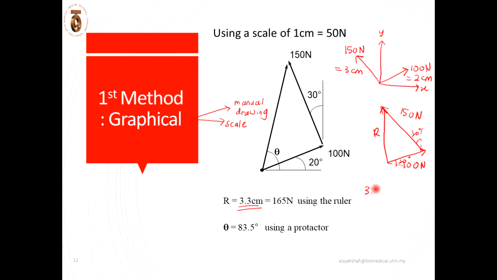So 3.3 cm you multiply by 50 Newton, so you will get 165 Newton using the ruler.